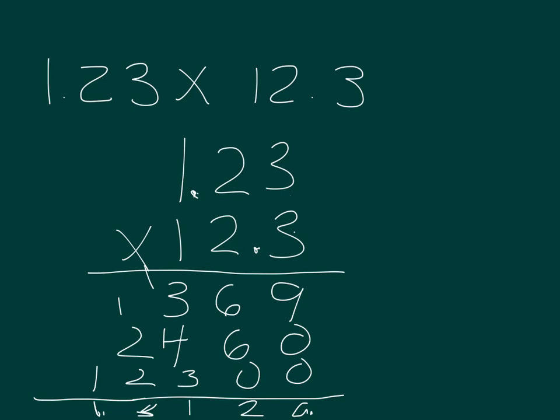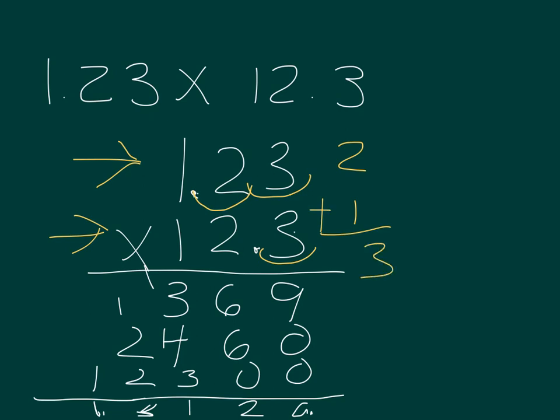So what I want to do is count how many decimal places I have. In this top number, this 1 and 23 hundredths, I want to move the decimal to the right and get rid of it. I have to move it 2 places to get rid of it. And in the second one, I have to move it 1 place. Well, 2 plus 1 is 3.